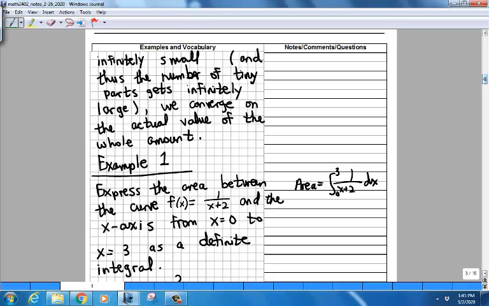I want to compute the area beneath this curve, 1 over x plus 2, down to the x-axis, starting at x equals 0 and going over to x equals 3. The quantity that I'm trying to measure here is this area. That's the big quantity that I'm trying to compute.